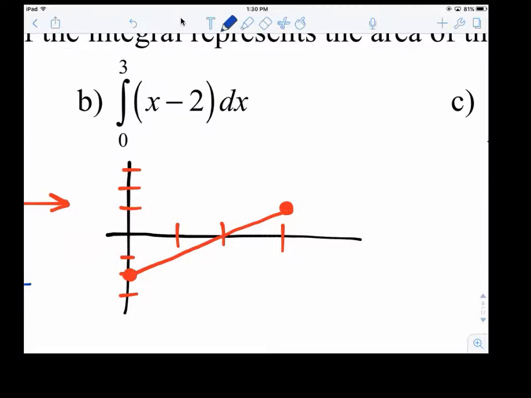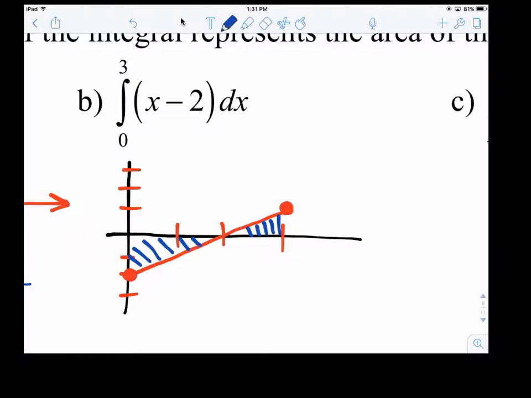All right, so we're trying to figure out this part here and this part here. So we have 2 triangles. Now, is this going to represent the area from 0 to 3? No, because we have this chunk here that is underneath the x-axis.